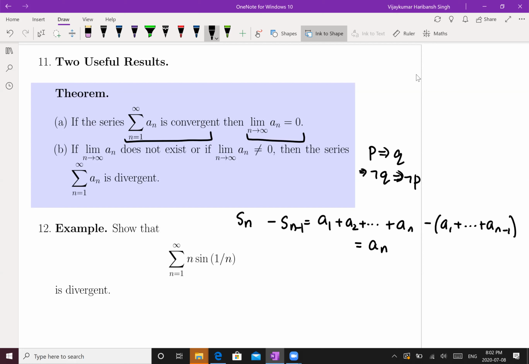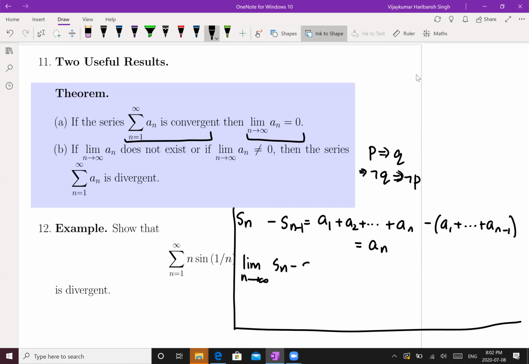Now suppose the series is convergent. This means limit as n goes to infinity of Sn minus Sn minus 1 is limit as n goes to infinity of an. Now as n goes to infinity, if the sequence converges, it will converge to the same number, say s.